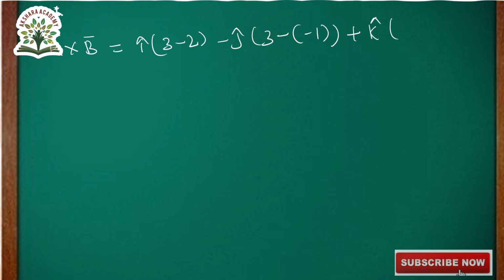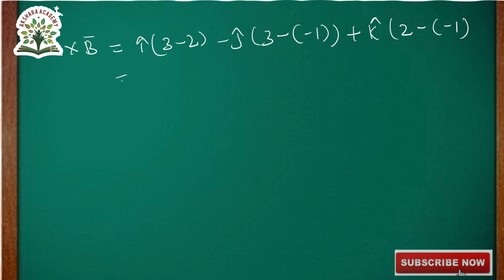Next we are finding A bar cross B bar, that is equal to i cap of 3 minus 2 minus j cap of 3 minus of minus 1 plus k cap of 2 minus of minus 1.